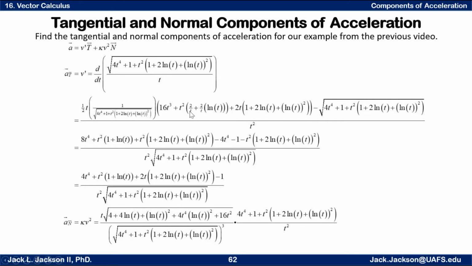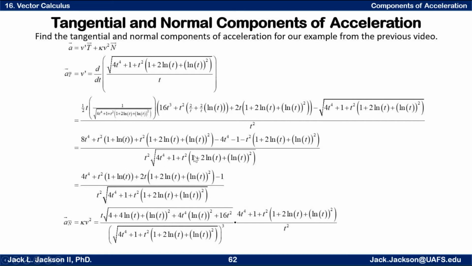So I get t squared times 1 plus natural log of t for that part. Now the t over 2 times this 2t makes that a t squared, and I still have this factor here. Okay, and of course this square root, since I multiplied top and bottom by the square root, is going to be down here with the t squared.